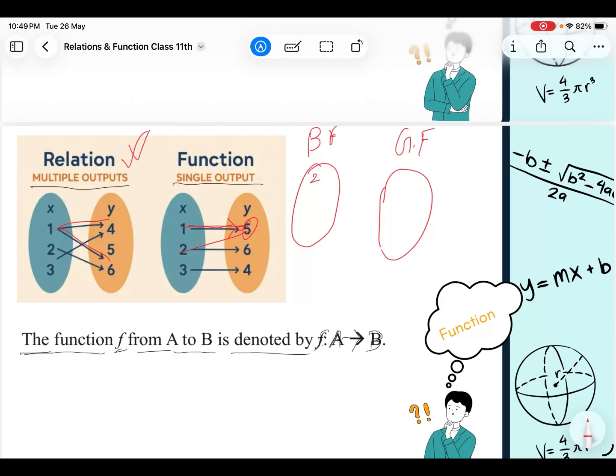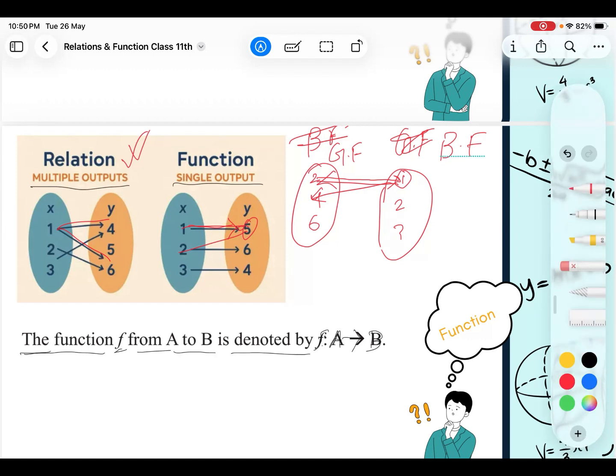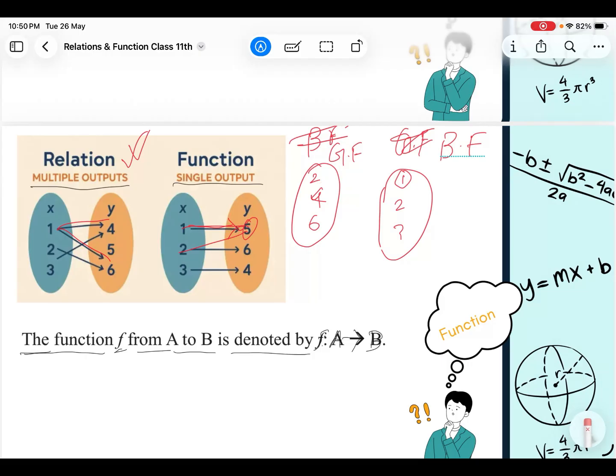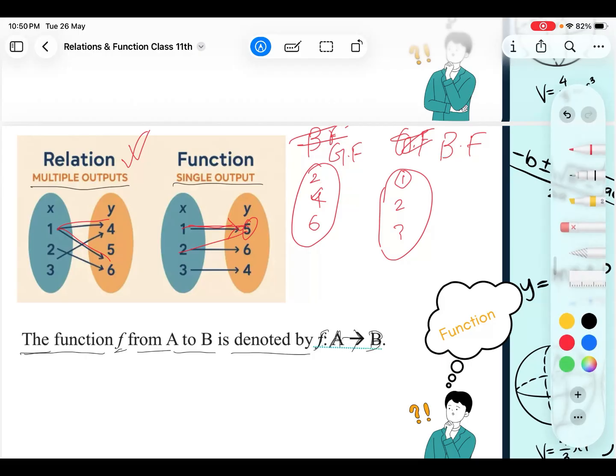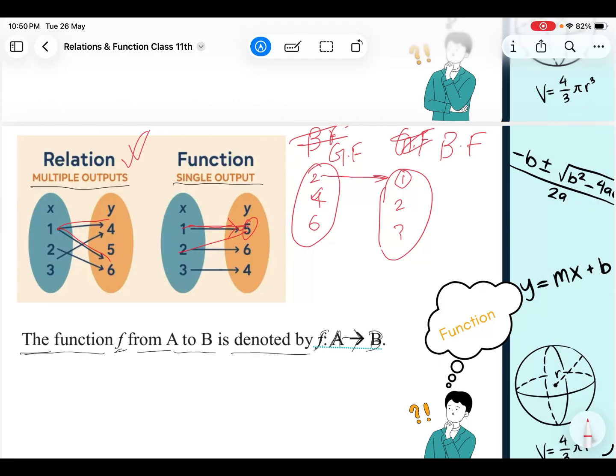If 2, 4 and 6 are here and 1, 2 and 3 are here, a boyfriend is allowed only one girlfriend, but a girl can have two boyfriends. Or we will just write GF and BF. Anything you can imagine as per your convenience, no offense. So here the GF is strict to have one boyfriend, but a boyfriend can have two girlfriends.